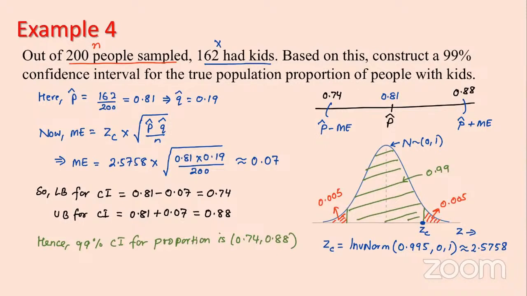So that means with 99% confidence, we can say that 74 up to 88% of the people have kids. That is the meaning of that.